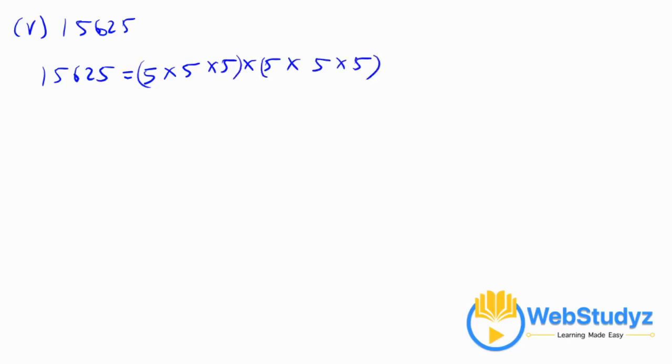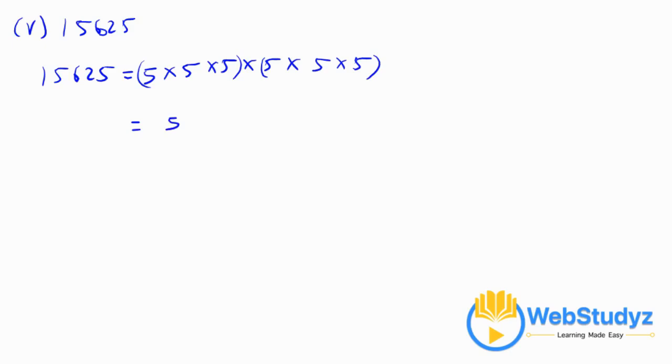Now move on to the fifth one, which is 15625. So the factors of 15625 are 6 times 5. So we can make the two triplets like this.